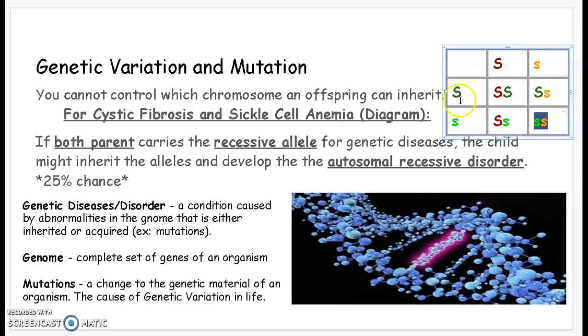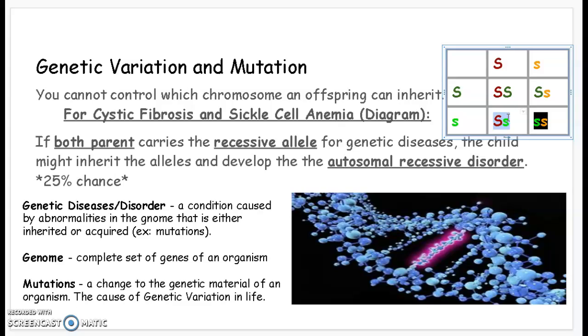And so, if you do a Punnett square of two heterozygous parents, you have a 25% chance of homozygous dominant. That means perfectly fine. You have a 50% chance of a heterozygous offspring. Now that's a carrier. Perfectly fine, but that offspring has one mutated allele.